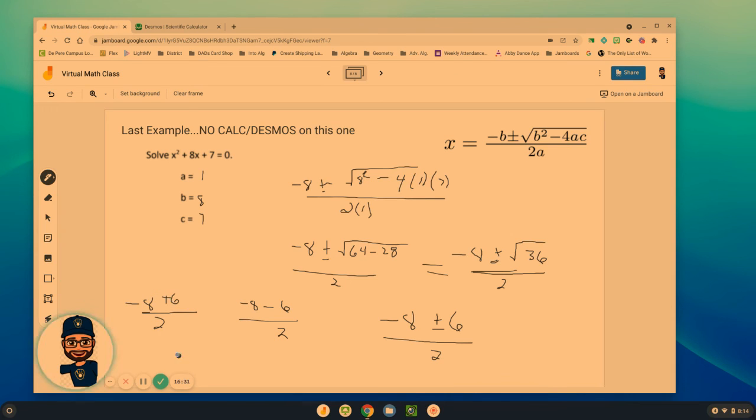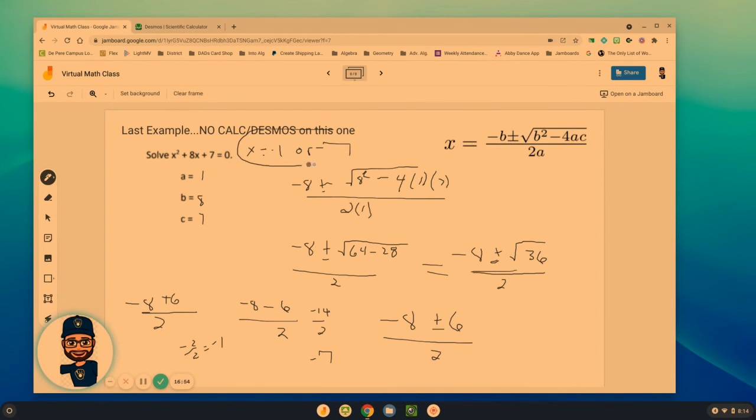Negative 8 plus 6 would give me negative 2 over 2, which is negative 1. Negative 8 minus 6 is negative 14, but negative 14 over 2 is negative 7. So we could say that x equals negative 1 or negative 7.